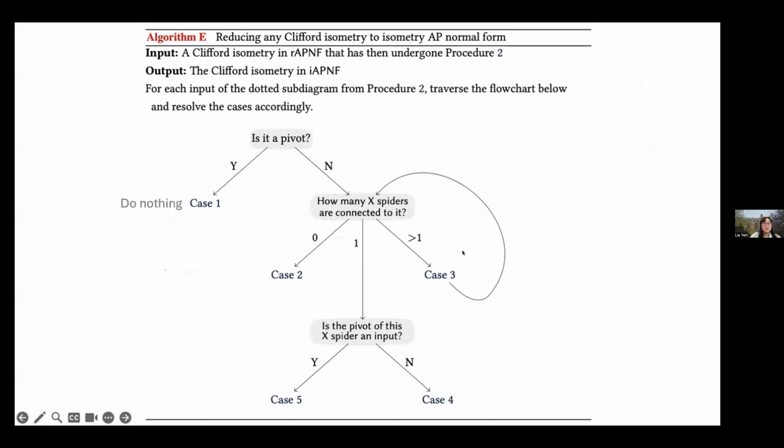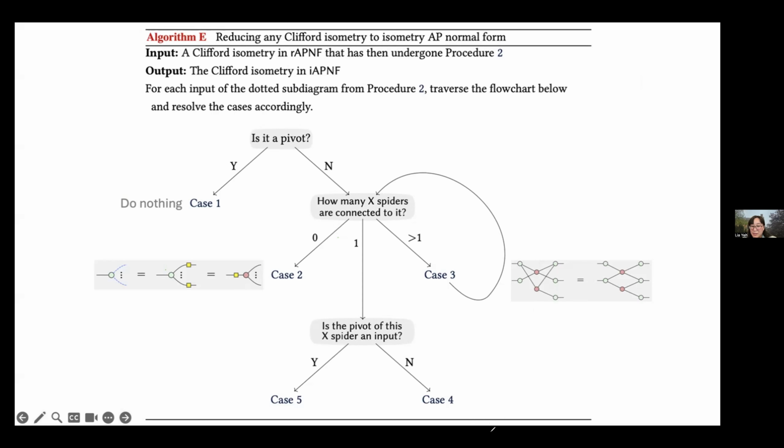If it's already a pivot, you don't have to do anything because the one green spider is just identity. If you have many X spiders connected to it, it depends on how many. If you have 0, then you can change that green spider into a red spider by doing this. If you have more than one, then you can get it to always be equal to 1 by adding that red spider to all of the other ones connected to it.